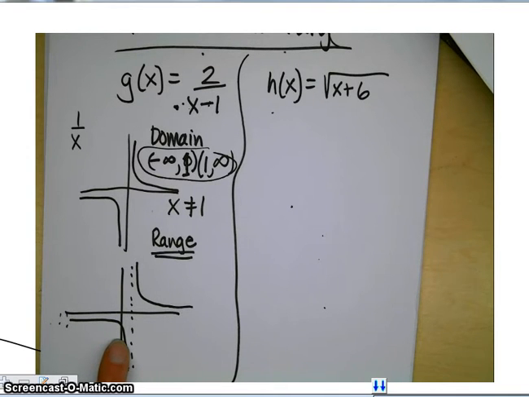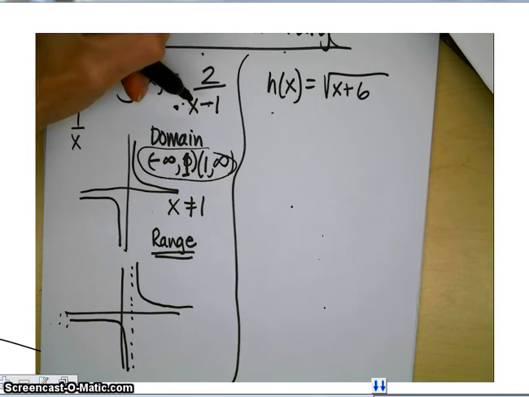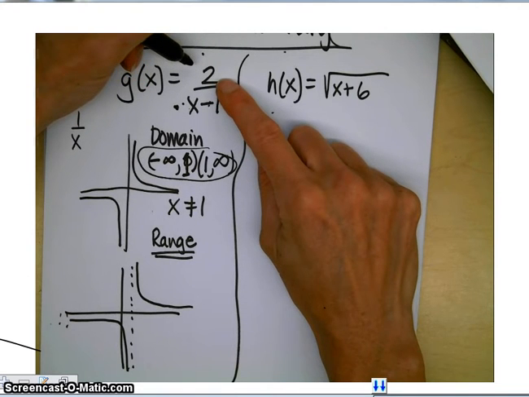0. You'll never ever get 0 because you always have to be dividing 2 by something. Okay, is there any way you can do division and get 0? There is. How do you divide and get 0 for an answer? 0 in the numerator. Is 0 ever going to be in the numerator?